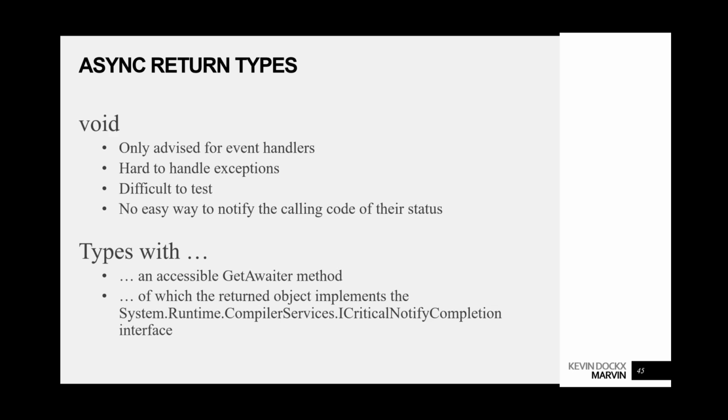The reasoning behind this is that task and task T are reference types. Reference types do have an effect on memory allocation. By allowing this new getAwaiter method in C#7, we can now actually have value types as return type, which is faster and is better for memory allocation.